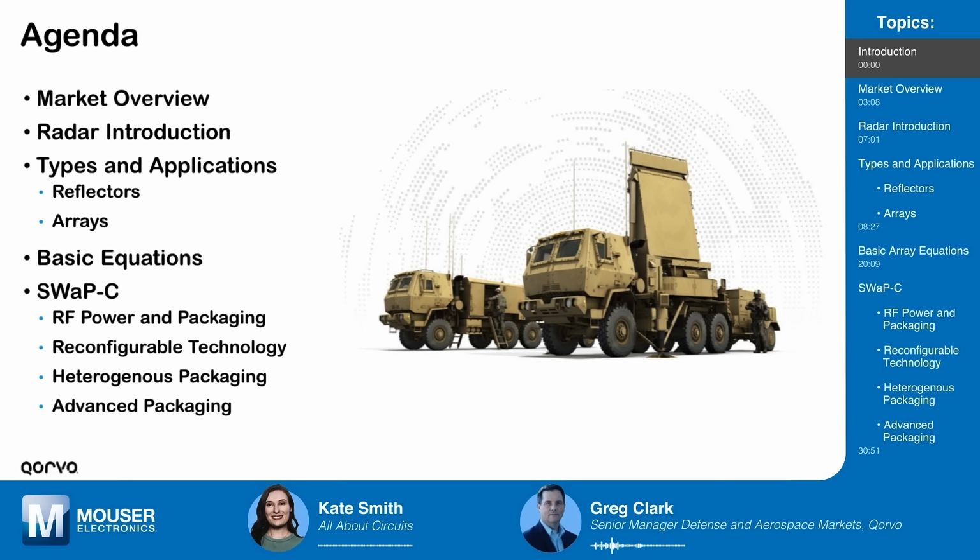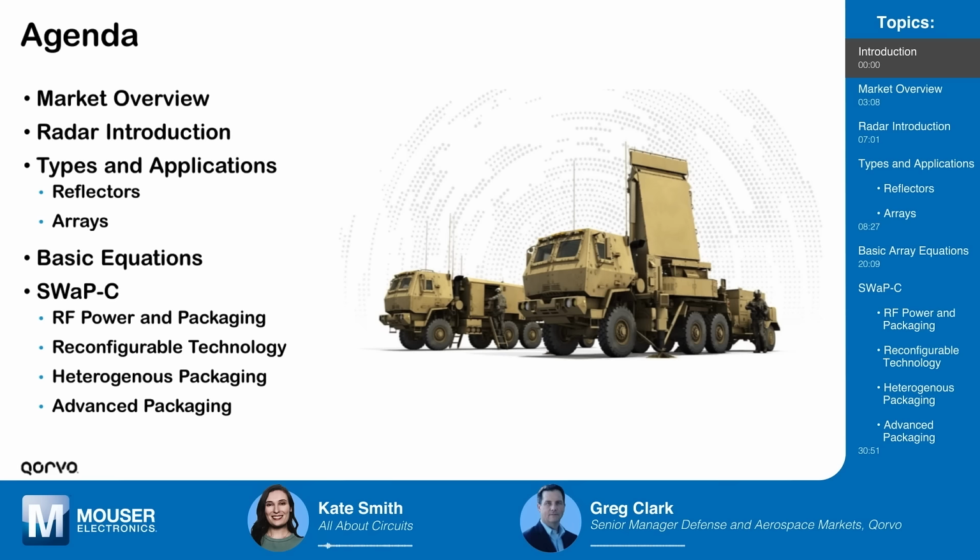And then where I really want to focus is probably in the SWaP-C trade-offs, where RF power versus packaging, reconfigurable technologies that are emerging today, heterogeneous packaging and advanced packaging. Yeah, a lot of actionable things towards the end here. No spoilers, but I'm really excited to dig into some of these. Here is a spoiler: there's lots of math.